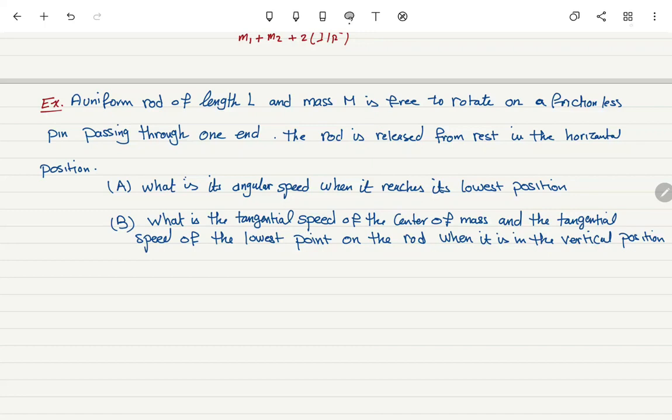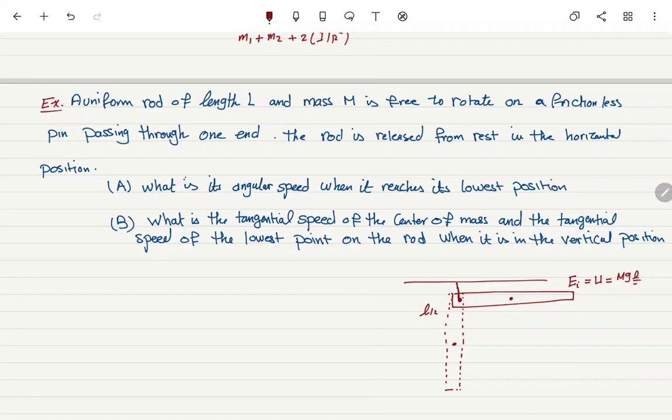Now let's graph the situation. Now here's the situation. At this position here, the energy we have is potential energy, and E initial is just potential energy, or mg times the distance to the center of mass, which equals L over 2.